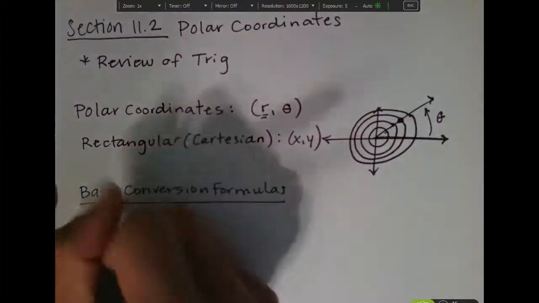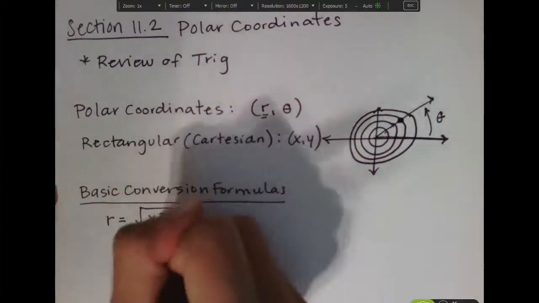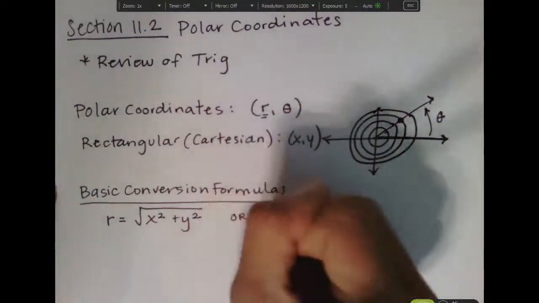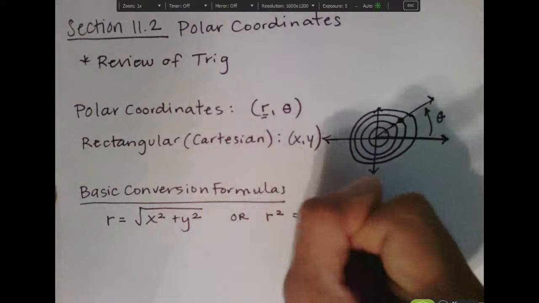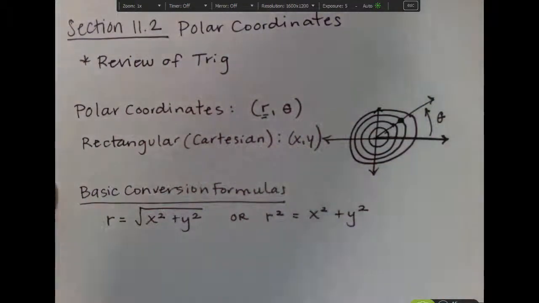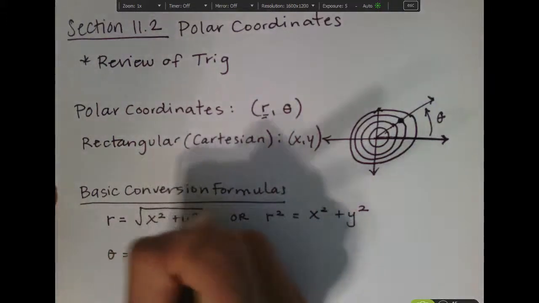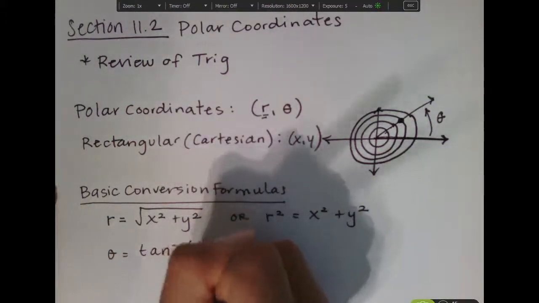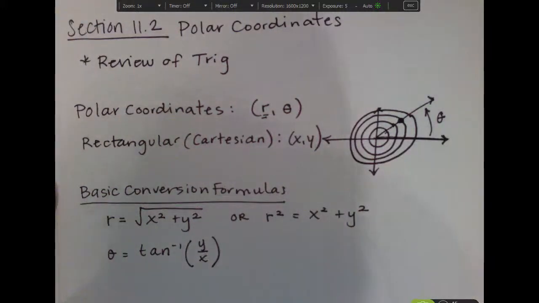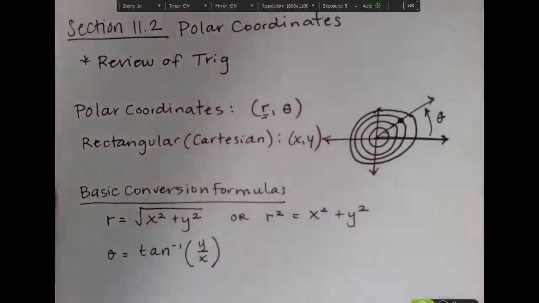So first of all, r is the square root of x squared plus y squared, or we can think of it as r squared equals x squared plus y squared. Theta is the inverse tangent of y over x.